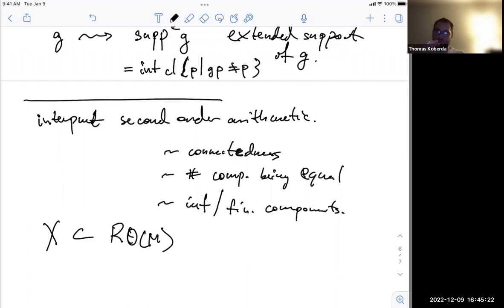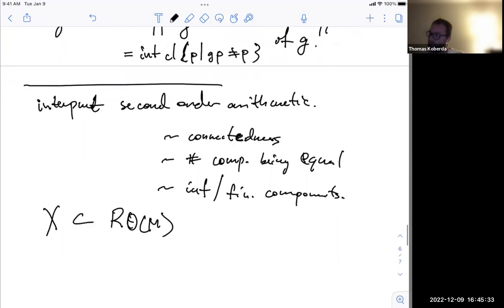This is all written up in our preprint if someone is interested in the details, but saying all the details now would not be very enlightening and would take too much time. And then one imposes some equivalence relation on X mod E, which is in canonical bijection with N.